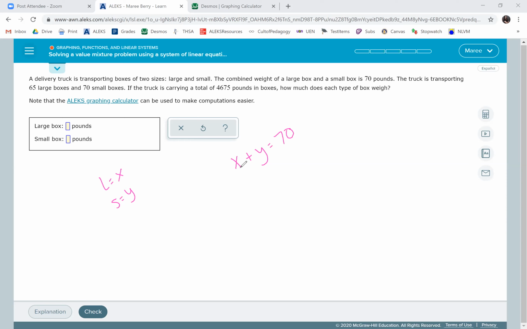If X is how much the large box weighs, and they're doing 65 of them, we have to do 65 times X to find the total weight of all the large boxes. Now they did 70 small boxes, so we have to multiply those to get the total weight. And then this is the total weight combined of everything in the truck.